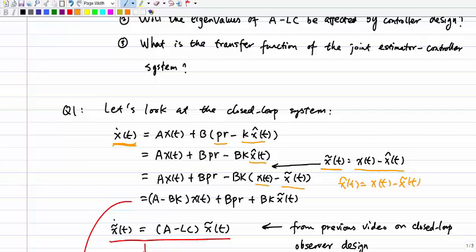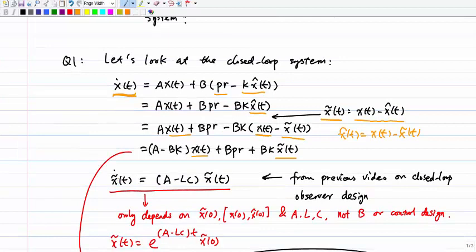Then I put the x terms together: I have A minus BK times xt plus Bpr plus BK times x tilde t, because minus becomes plus. And x tilde dot t is A minus LC times x tilde t, because that's the observer estimate design from the previous lecture.